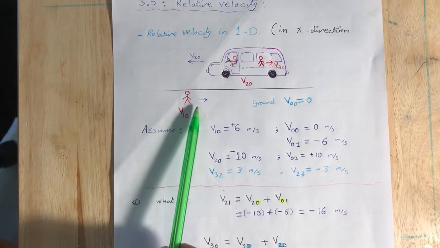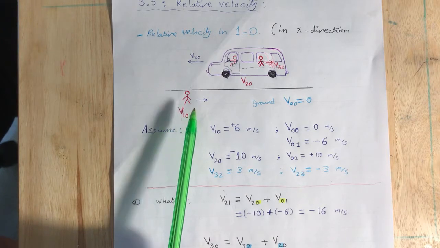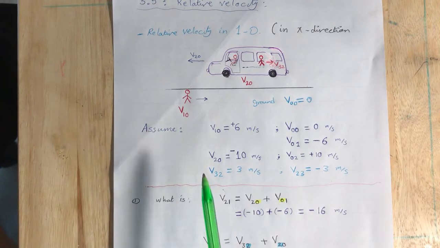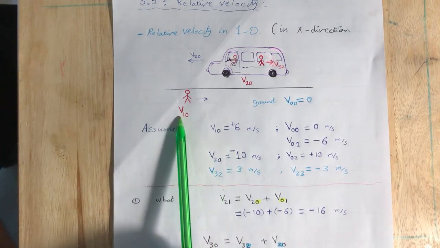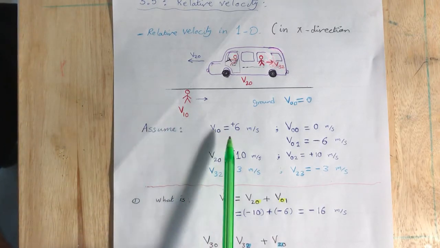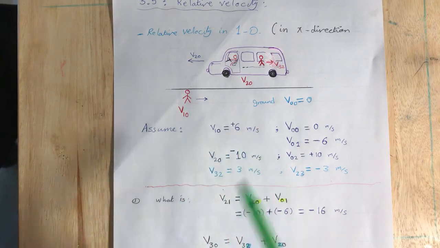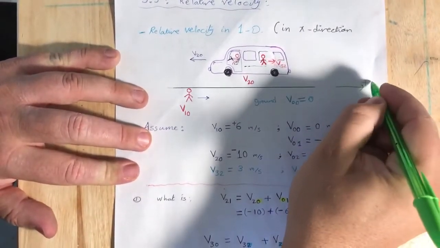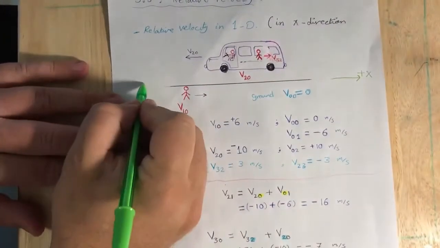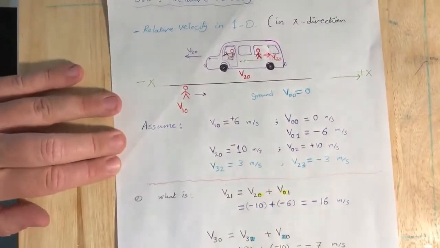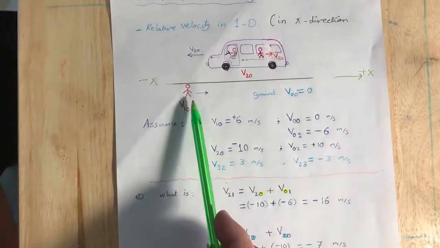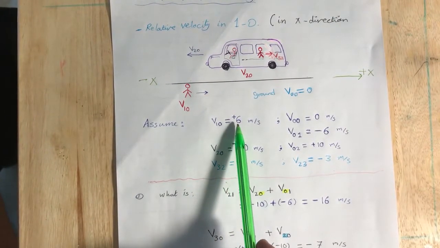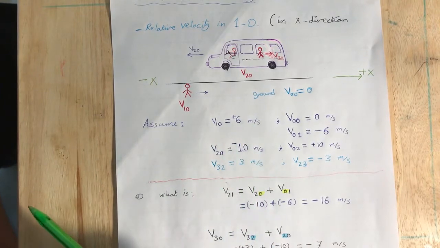Maybe he is standing and stationary and his velocity is 0 with respect to ground. But in my example, I suppose that v10 is equal to plus 6, meaning positive x as positive, negative x as negative sign. Now his motion with respect to ground is with velocity plus 6 meters per second.